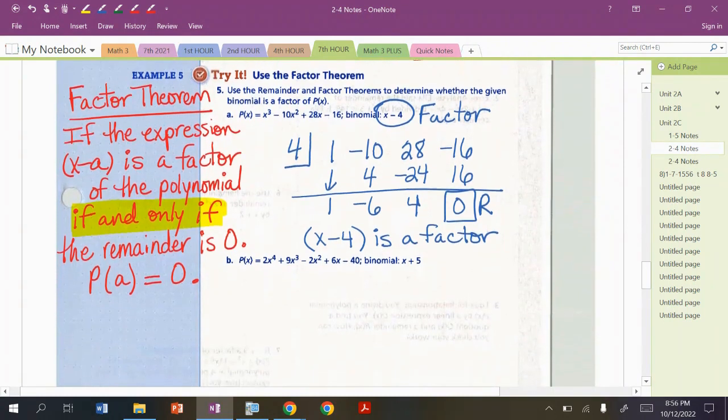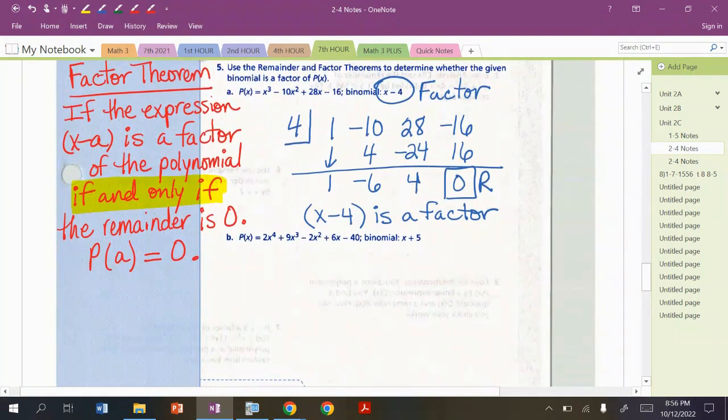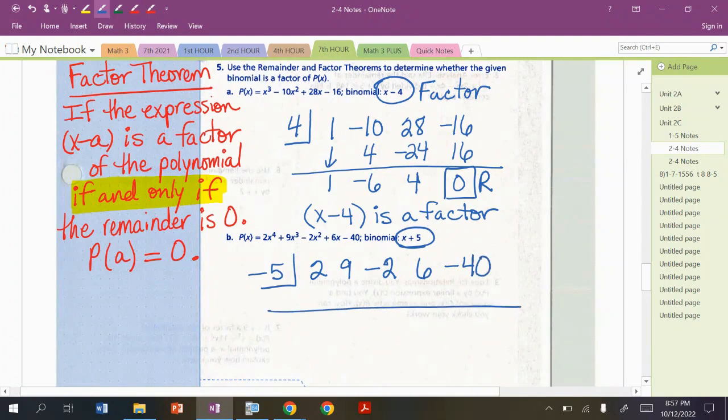All right, let's do the next one, and this wraps up the notes here. If you want to pause this and give it a try, x plus 5 is the factor. We want to know, is the remainder going to be 0, or is it going to be something else? Let's put in our numbers here. We get 2, 9, -2, 6, and -40.